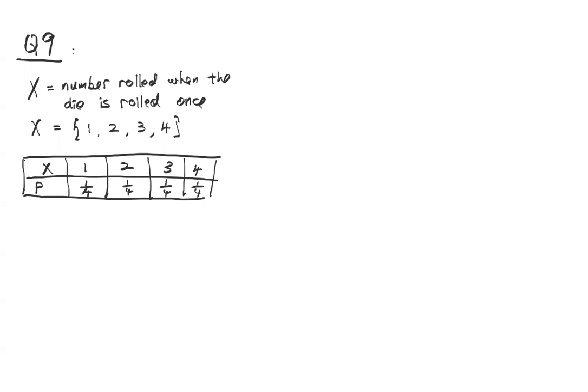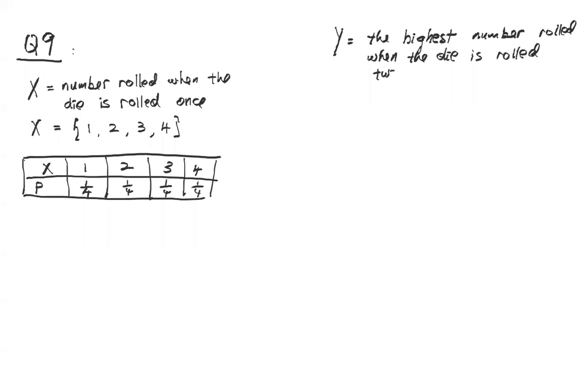So now let's talk about Y. Y, what is it? The highest number rolled when the die is rolled twice.